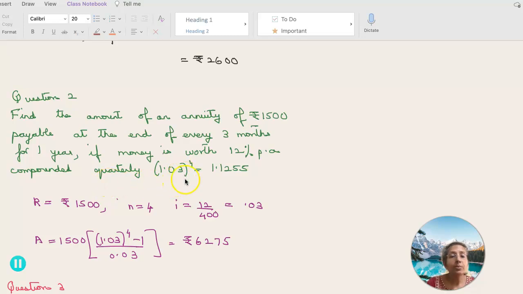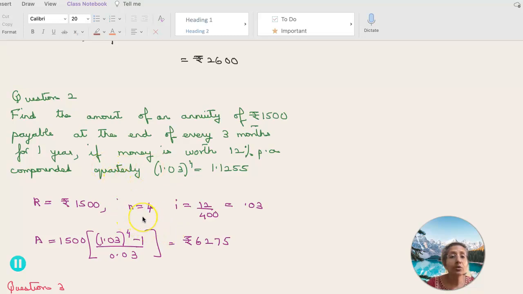And you are given that 1.03 raised to 4 is 1.1255. So again, this is an amount problem. The payment is 1500. The time period is 1 year, compounded quarterly.